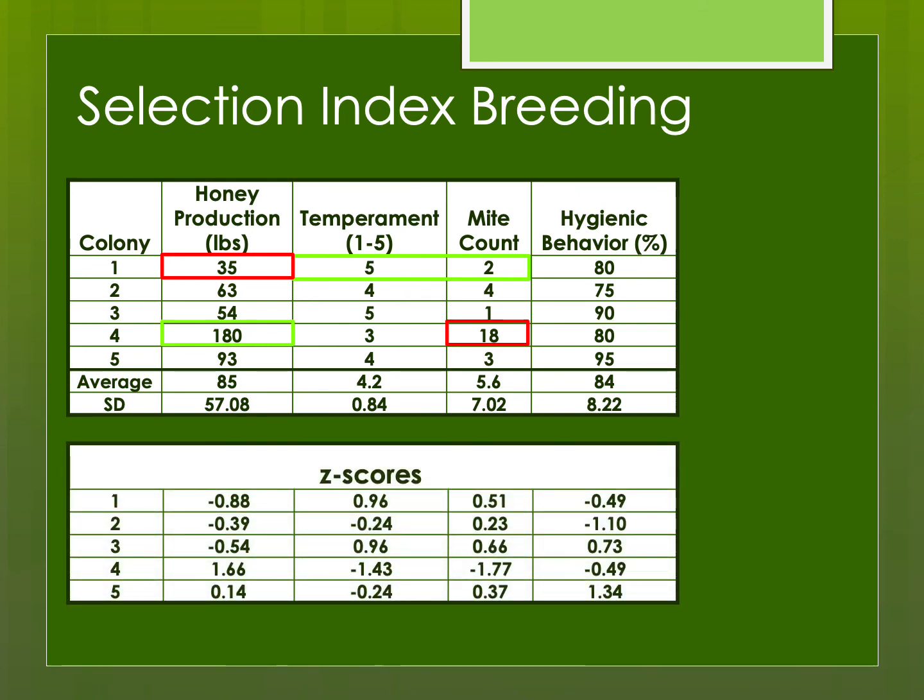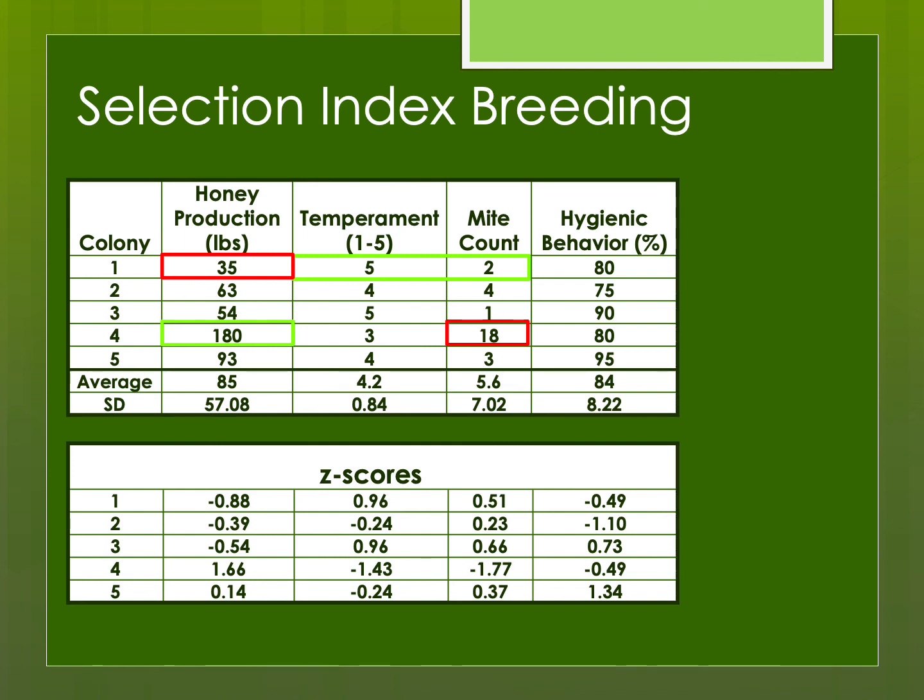This is where z-scores come in, and that spreadsheet basically calculated the z-score comparing each of these colonies. Just looking at colony number 4, it obviously was very high in the z-score for honey production, but it also had a very low, negative z-score for the mite count.